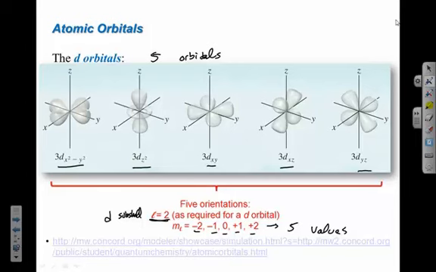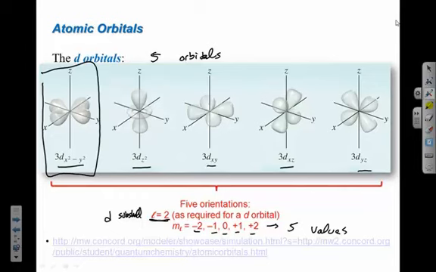How many nodes are there in this orbital here? 2. There are 2 planar nodes. It's harder for me to draw the planar nodes in that one since one of them is coming out at you, so it would probably be easier for me to draw them in this one.